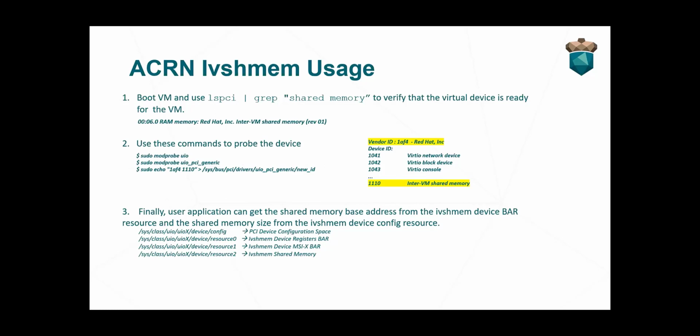And before your applications can communicate with each other, you must probe the UIO driver and the UIO PCI driver, and bind this shared memory device to that driver. Later, you can use the sysfs node populated by the UIO driver, and your user application can use them to communicate with each other. So that's all for my topic.